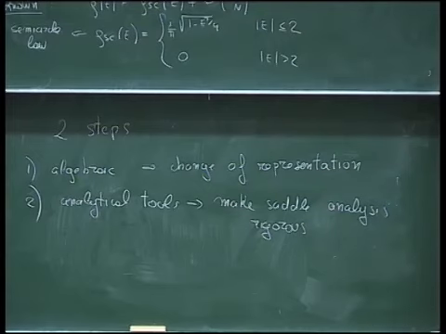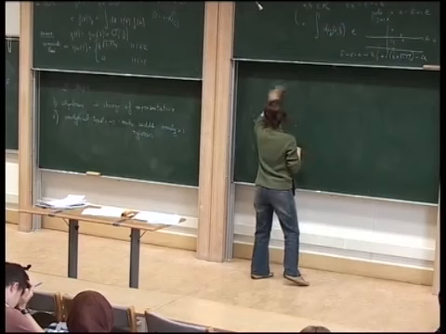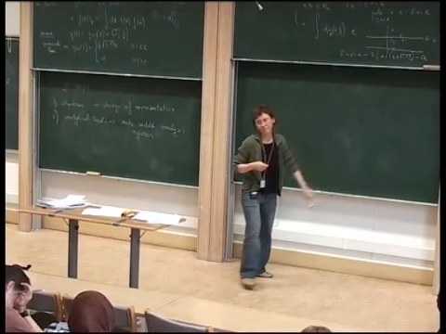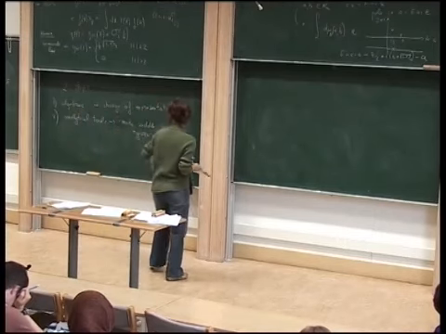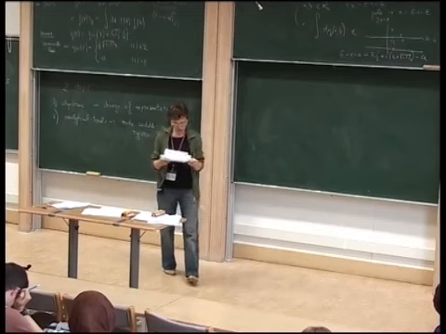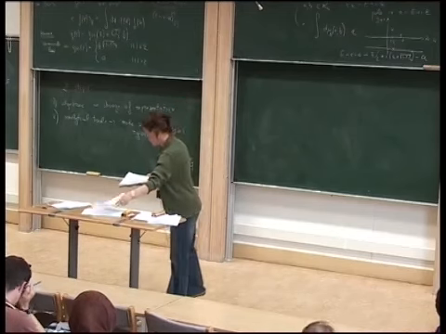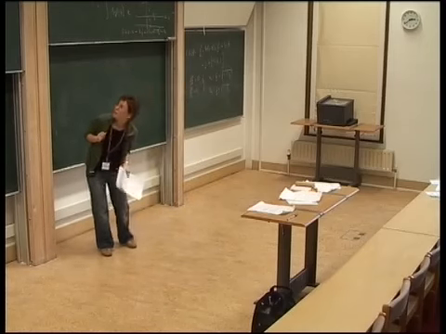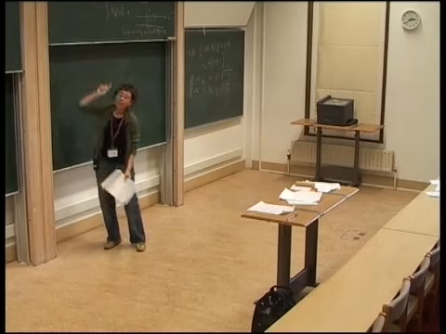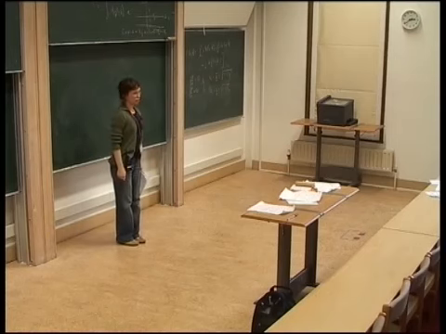Okay, so for the moment we are here in the first part. We want to change representation. Now, you have already seen that the key idea is to write that matrix element as a Gaussian integral.